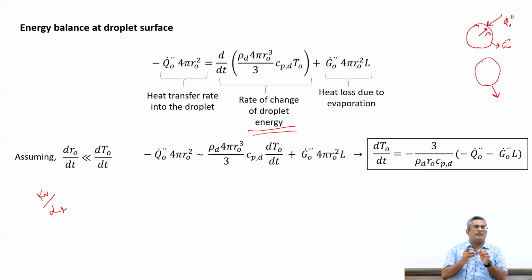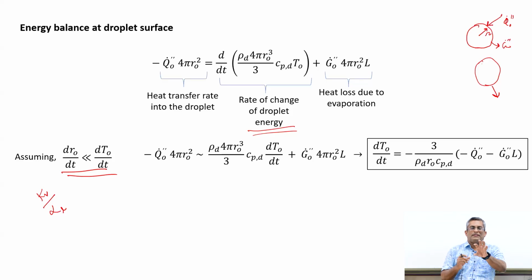So, if the heat diffuses in the liquid very fast and the droplet temperature is always uniform, then we can have a scenario where this is valid. I hope you get it.